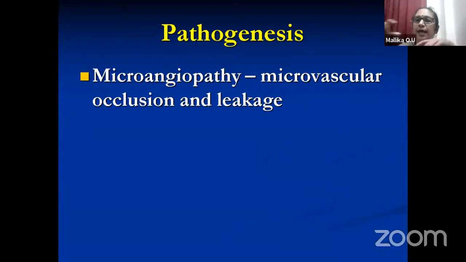Each endothelial cell has outside support from the retinal pericytes. So in the initial stages, there is a loss of pericytes. When the support of the retinal capillary endothelium is lost, that part of the retinal capillary wall bulges, which leads on to microaneurysm formation.